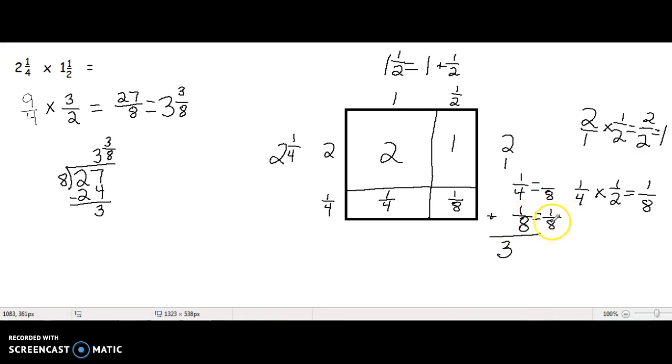And here we just have to do a little bit of that renaming of the fraction that we do so often, and did in the last chapter. So 4 goes into 8 twice, and 2 times 1 is 2. Okay, so now we have 2/8 plus 1/8, and that gives me 3/8.